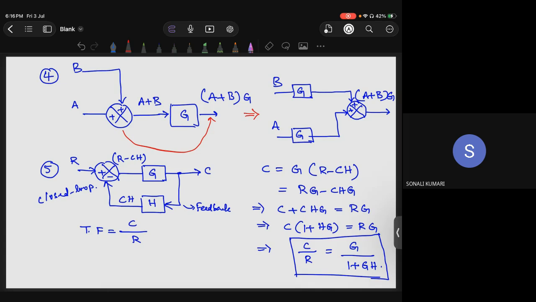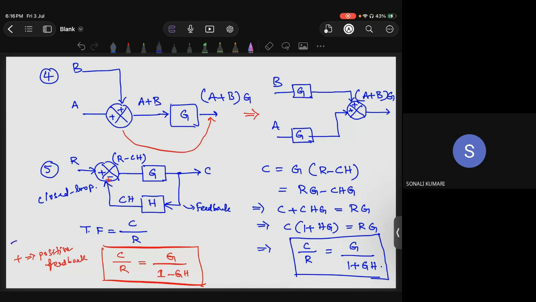So is this clear? Yes, sir. So suppose if we have plus here, you'll get C by R as G by 1 minus GH. So basically, we call the plus positive feedback, and minus is for negative feedback.